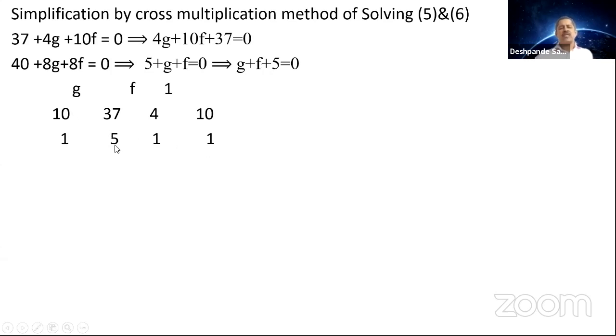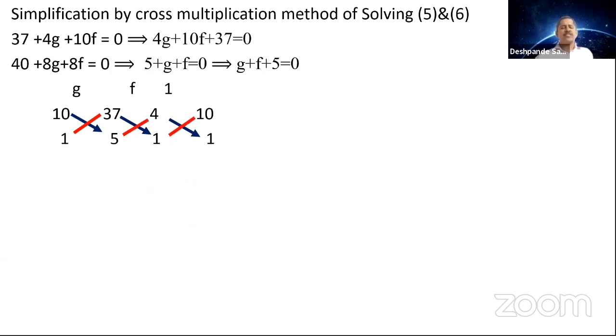You multiply these two terms and multiply these two terms. But when you are going upward, you take the negative sign, similar to the determinant you have done in your first year matrices. So here you take 10 into 5, 37 into 1 and 4 into 1. But when you go up, it is minus 1 into 37, minus 5 into 4, minus 1 into 10.